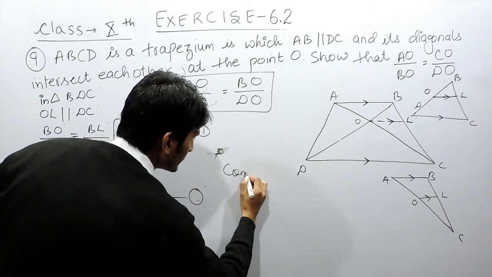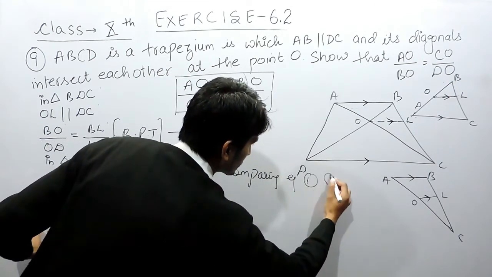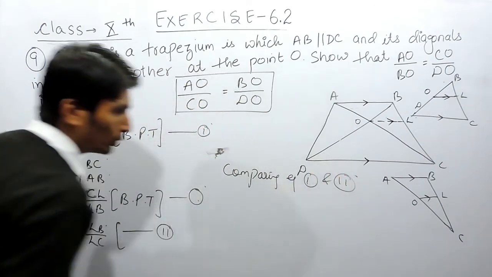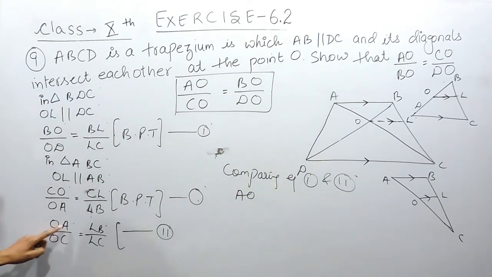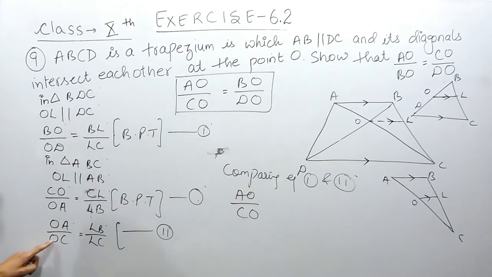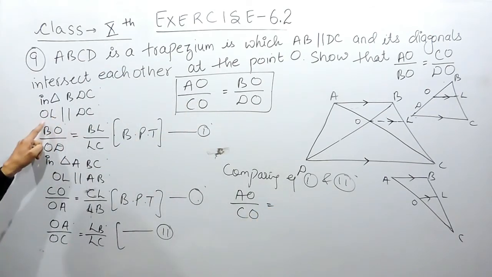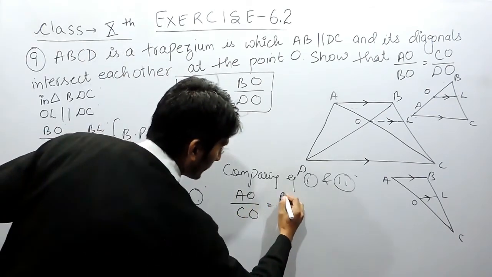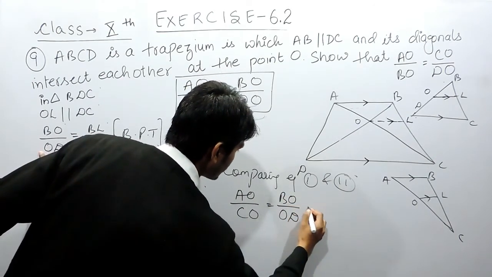Comparing equation first and second, we can conclude that the ratio AO upon CO must be equal to the ratio BO upon OD.